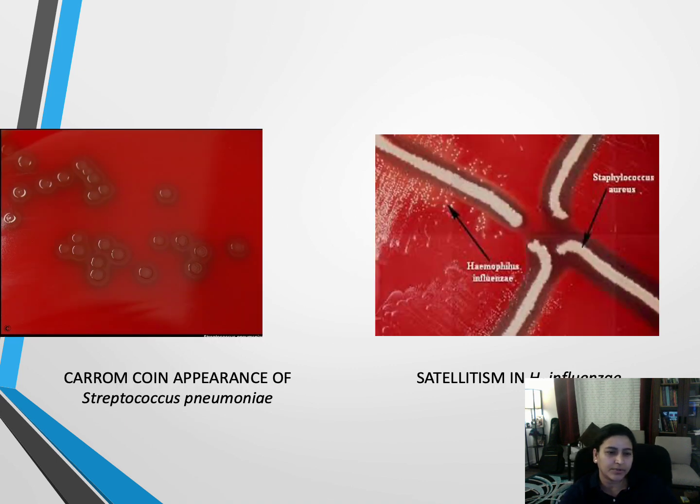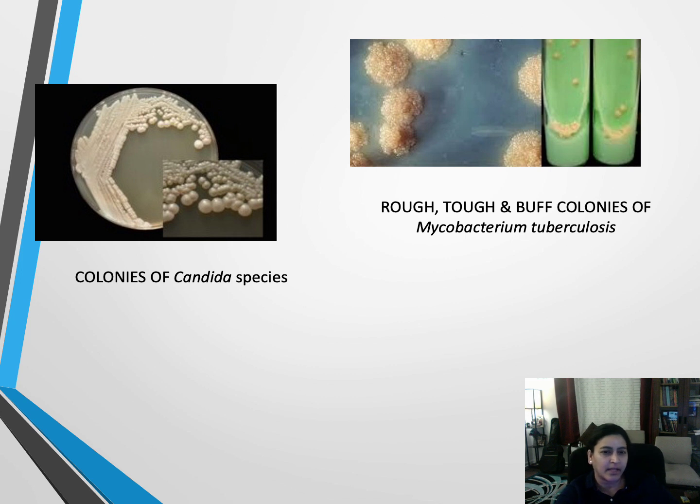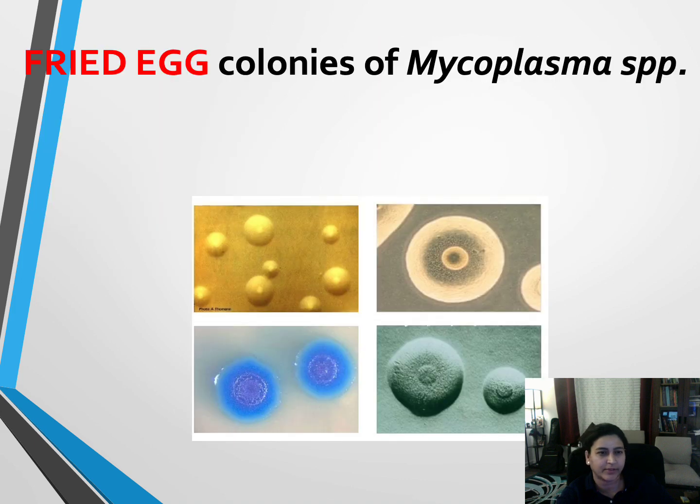Here is a picture of Streptococcus pneumoniae, showing its coin appearance. Then Mycobacterium tuberculosis, colonies of Candida species. So some examples I've provided over here. Fried egg colonies of Mycoplasma species over here.